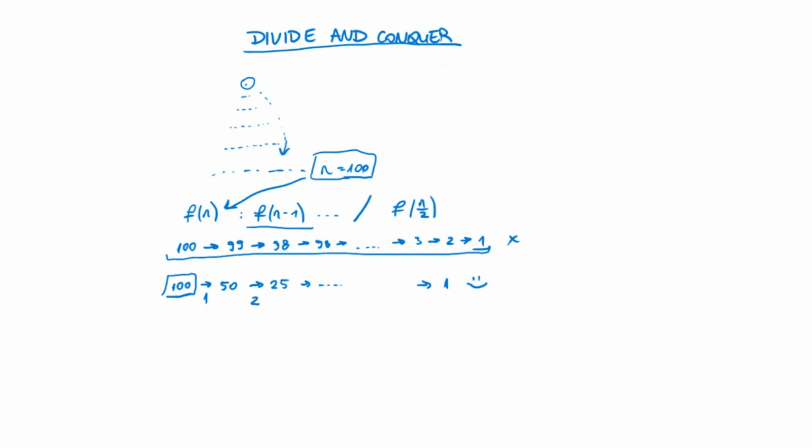So here, it's pretty much intuitive that divide and conquer is more efficient than the classic recursion. But in future videos, when it comes to complexity, we will explain a bit deeper, based on some mathematical background, why the divide and conquer approach is more efficient than the classic recursion.